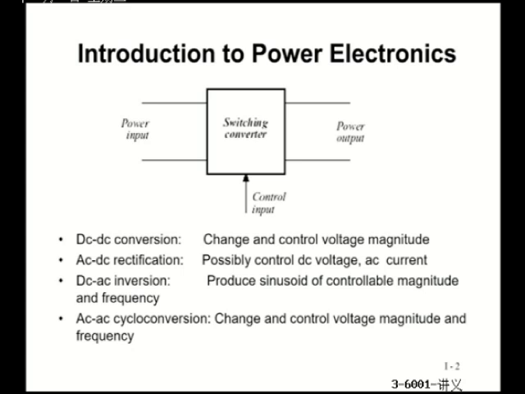Okay, so that's the definition, and there is also discussion on this slide about what you have just mentioned, different forms of conversion: DC to DC, AC to DC, DC to AC, or AC to AC. Fundamentally there are 4 different types of conversion.